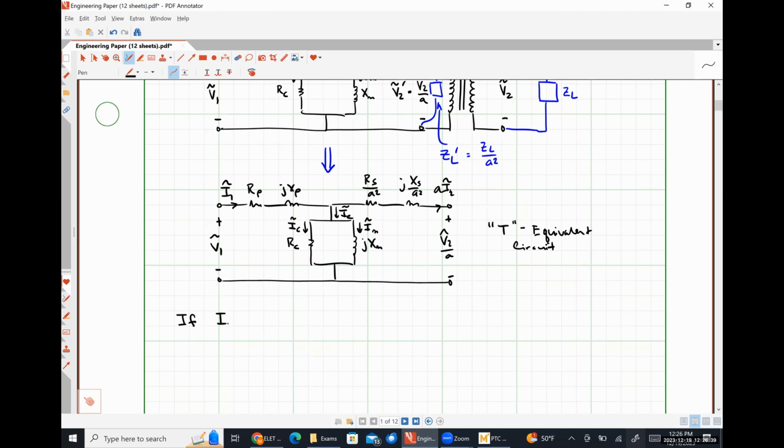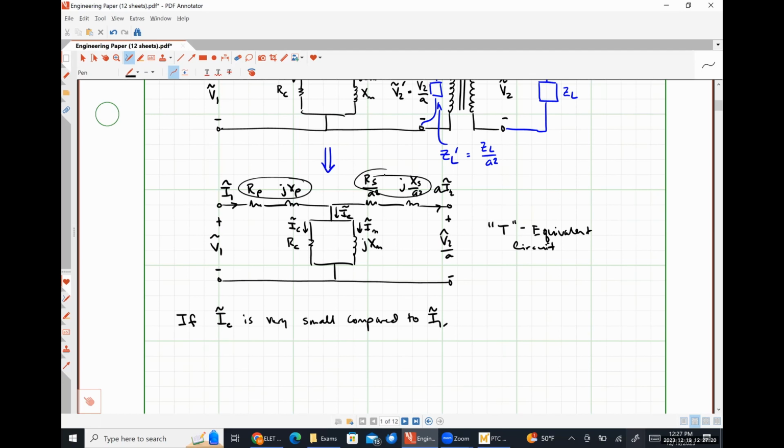So if IE is very small compared to I1, effectively, that's saying that practically no current flows through the shunt branch. Okay. So it looks as if it was something close to an open circuit, which means that whatever current flows through these guys, practically all of it flows through these guys as well.